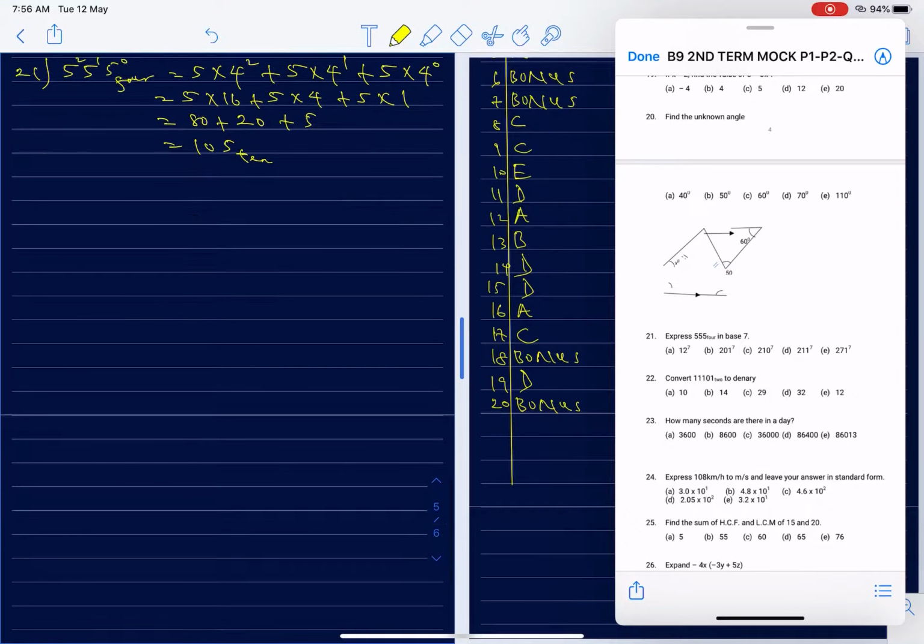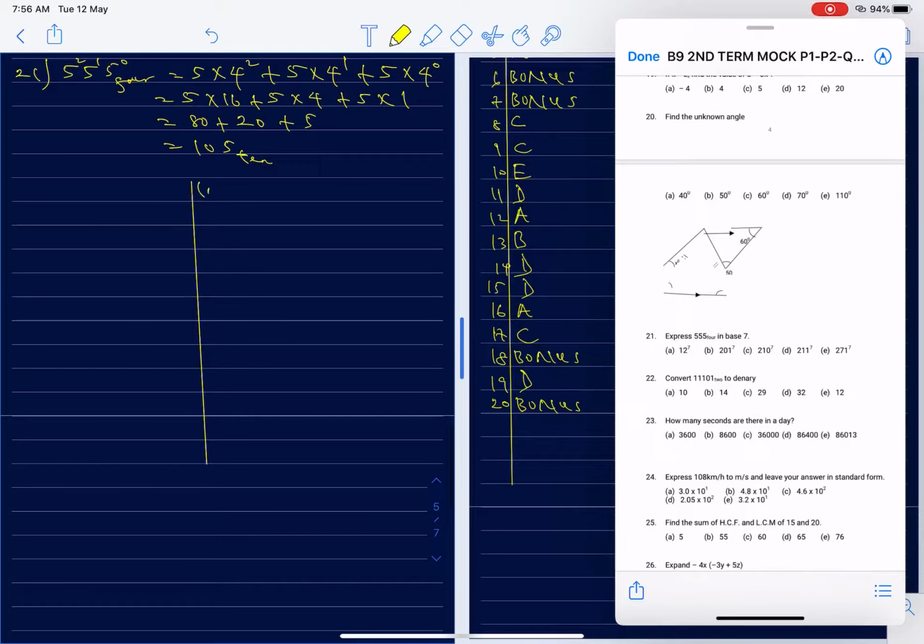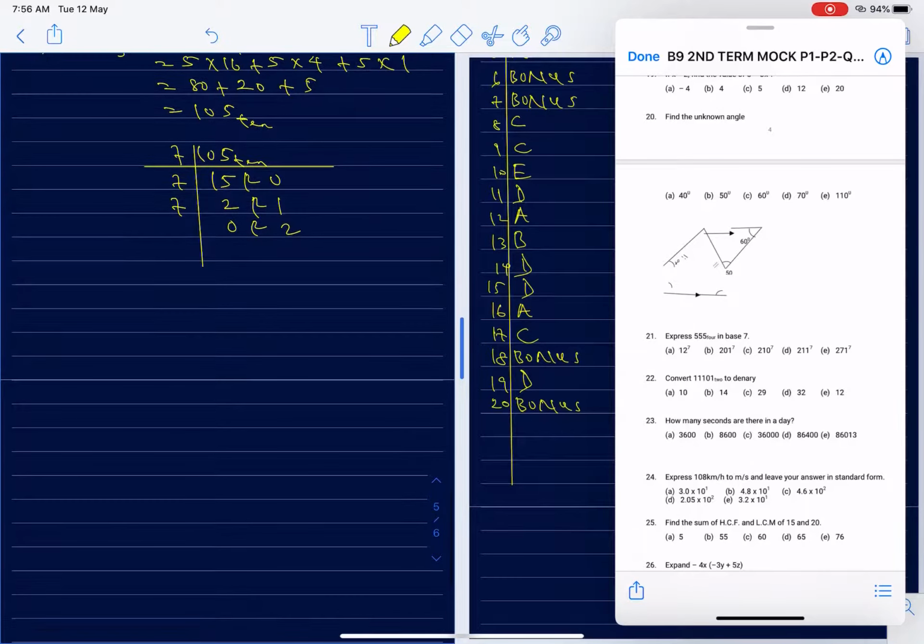And now we can change this to base 7 by doing a long division. 105 base 10 to base 7. 7 into 105 is 15, the remainder is 0. Now we go again. 7 into 15 is 2, the remainder is 1. 7 into 2 is 0, the remainder is 2. So you stop when you get 0 at the bottom as a result of the division.